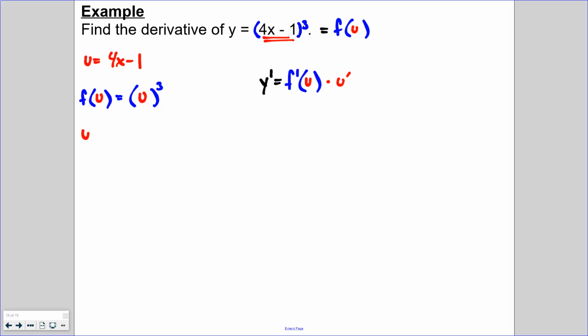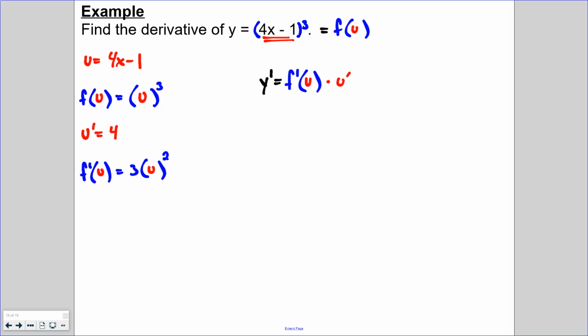So we do need to take the derivative of u and the derivative of 4x minus 1 is just 4. And if we take the derivative of f of u, that's going to be 3 times u to the second power, because we are using the power rule to take the derivative of that expression.